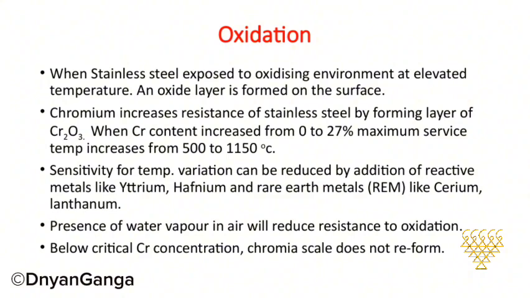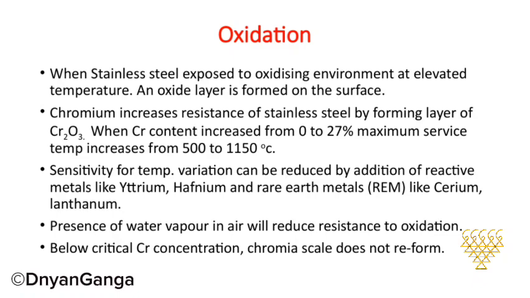As the chromium content increases from 0 up to about 27%, the maximum service temperature that the stainless steel can withstand also rises, going from around 500 degrees Celsius up to approximately 1150 degrees Celsius. This shows how critical chromium levels are in enhancing high-temperature performance.